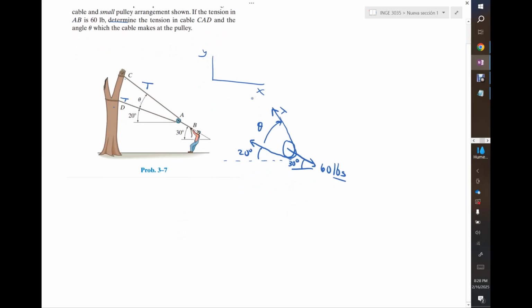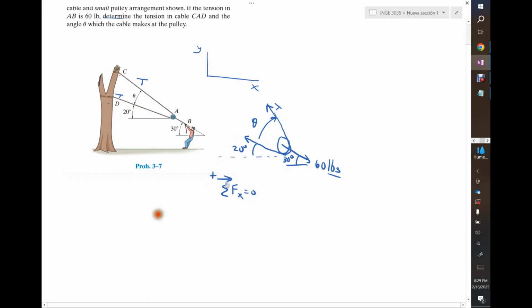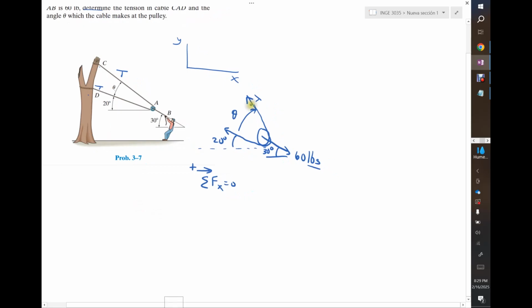So let's work on the x axis. Remember that the sum of all the forces in the x axis equals 0, and in this system this direction is positive. With that said, the two tensions are going on the left side, so they're going to be negative.